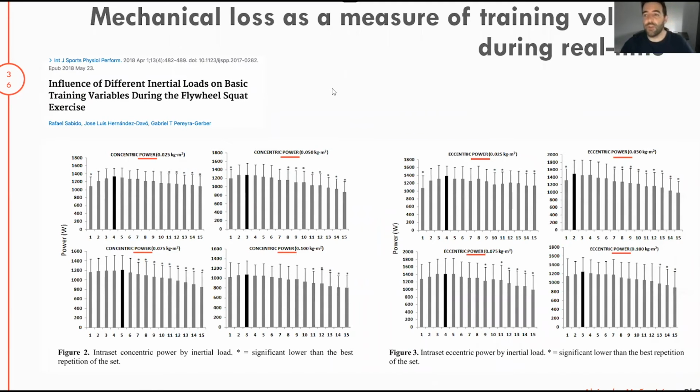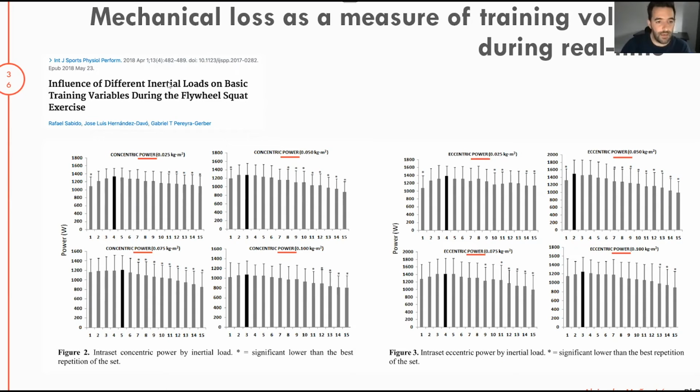If we talk now about volume, you know that there is a high trend on velocity-based training, and that volume is not nowadays set up on resistance training programs as before. Before we said, okay, you need to perform 4 sets of 10 repetitions. Now we say 4 sets of a given percentage of mechanical loss.